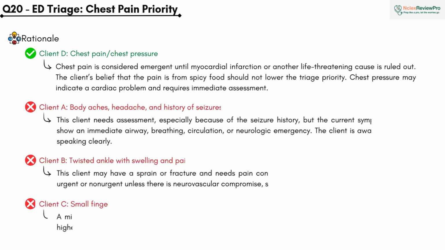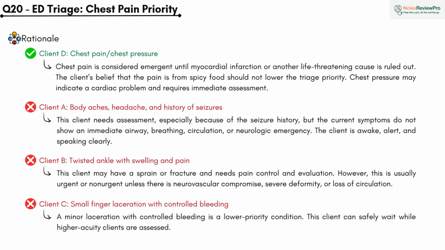Now let's look at the other clients. Client A reports body aches and a headache with a history of seizures. This client does need assessment, especially because of the seizure history. But right now, the client is awake, alert, and speaking clearly. There is no immediate airway, breathing, circulation, or acute neurologic emergency described. Client B has a swollen ankle after twisting it while rollerblading.